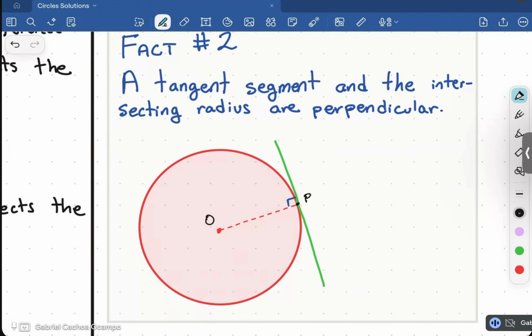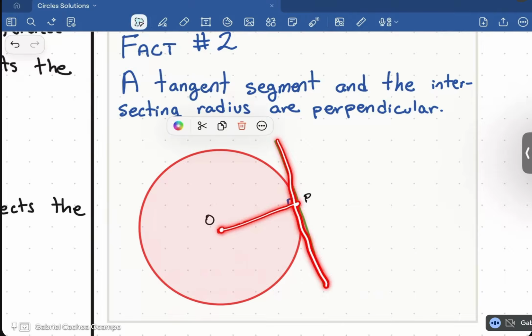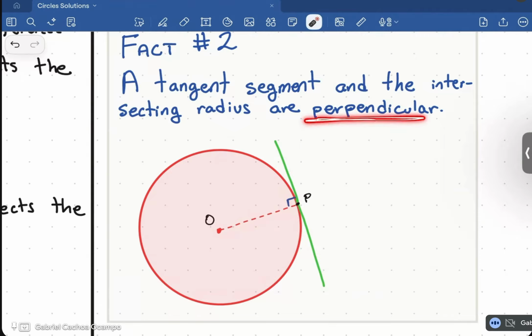Now, this is not obvious, but this is very interesting. If you have a tangent line, the tangent is only passing through 1 point of the circumference. The radius made to that point, the point of intersection, is perpendicular to the tangent.